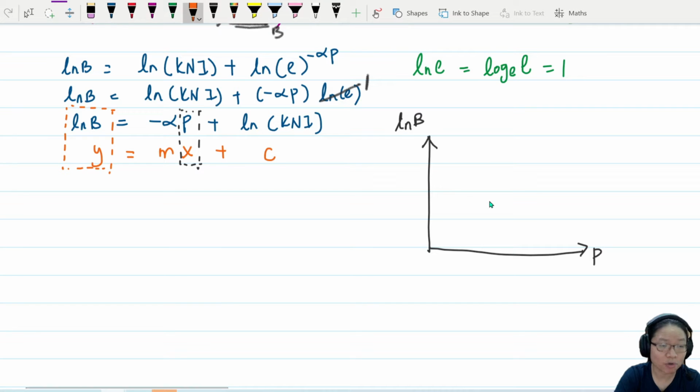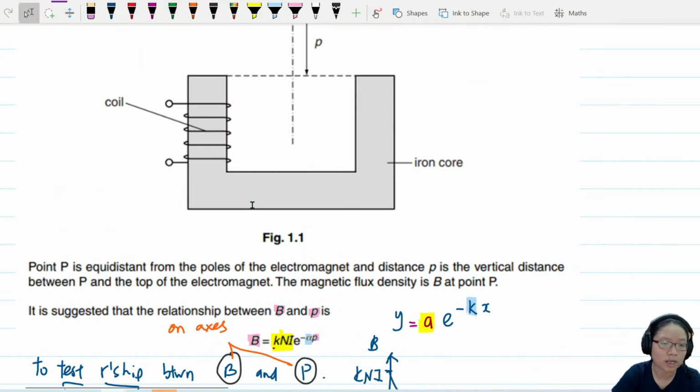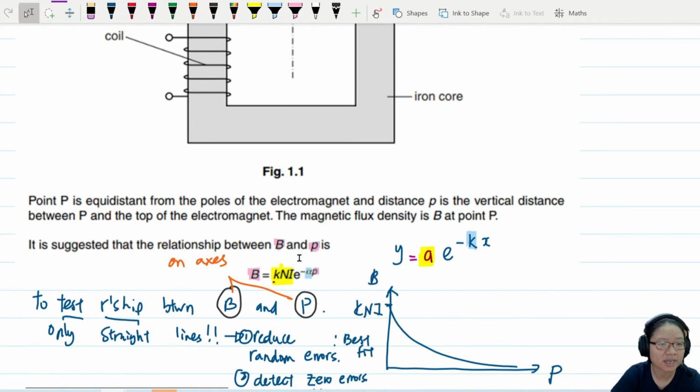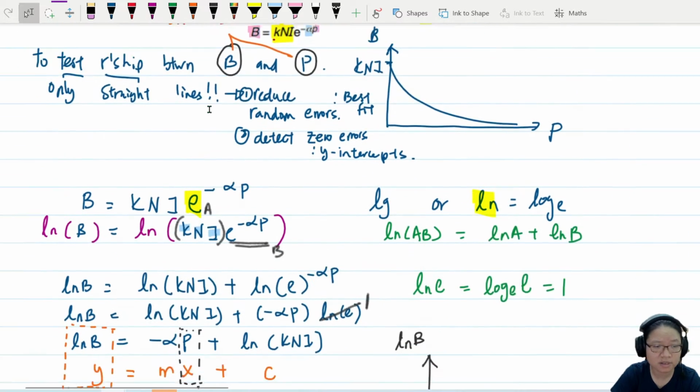Okay? So from here, I can tell that this is a straight line. Why? Because alpha is constant. Also, KNI is constant. How do I know? Normally the question will tell you. K is a constant, N is the number of turns, which is constant, and I is the current in the coil, also constant.